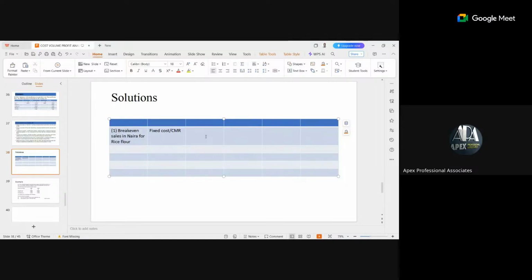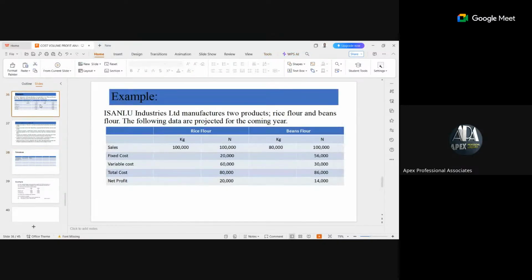So now, from the question, the fixed cost for rice is what? It's solution time. The fixed cost is 20,000. And the contribution margin ratio will now be what? 0.4. Fine, 0.4. How did you get that?